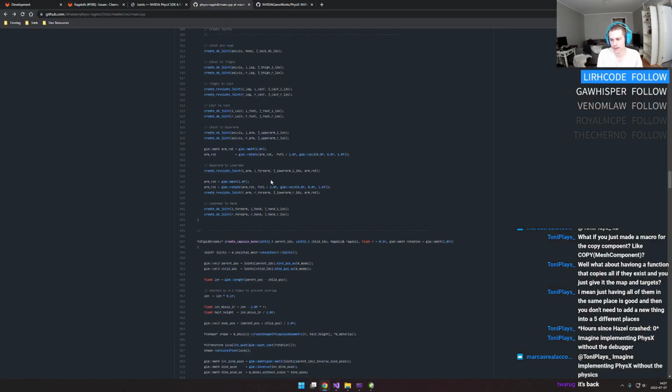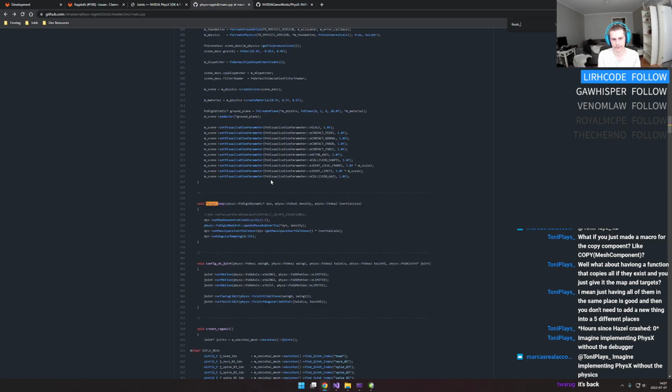But I think the mass scaling is what's done here with the mass phase inertia tensor and the inertia scale. Maybe. I would imagine so.